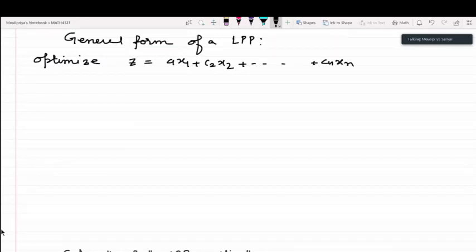Why I'm writing optimize? Because the previous problems told you to maximize. You may encounter cases where the problem would be to minimize a certain function.